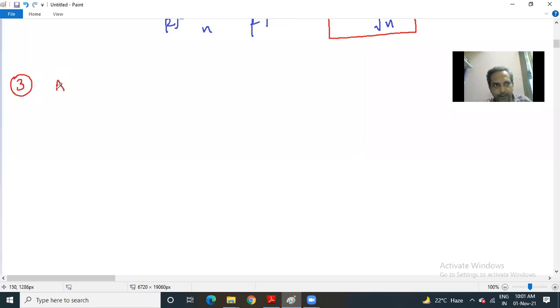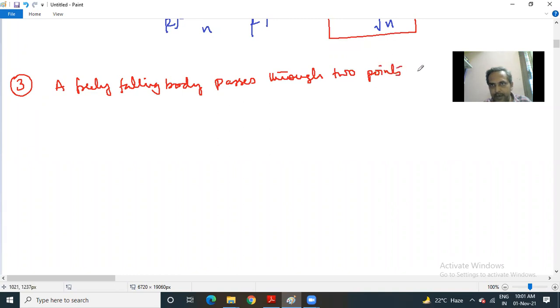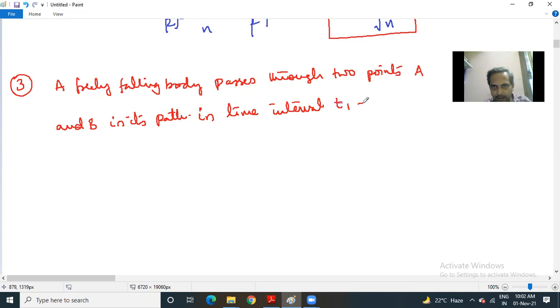A freely falling body passes through two points, say A and B, in its path, in a time interval t1 and t2 seconds from the start.